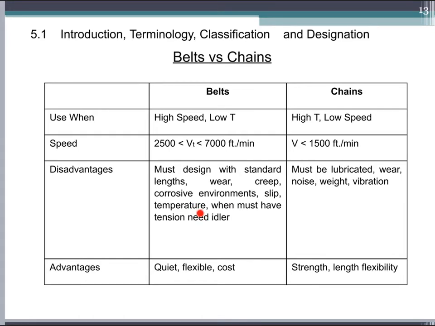Temperature cannot be higher, we need to control the temperature.